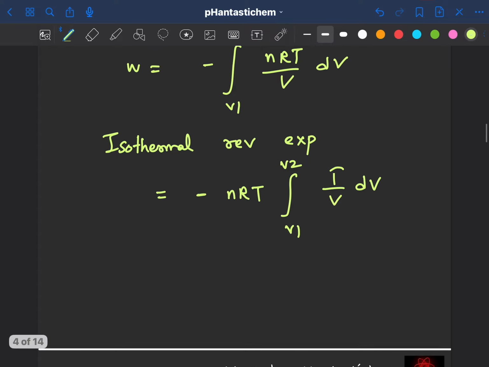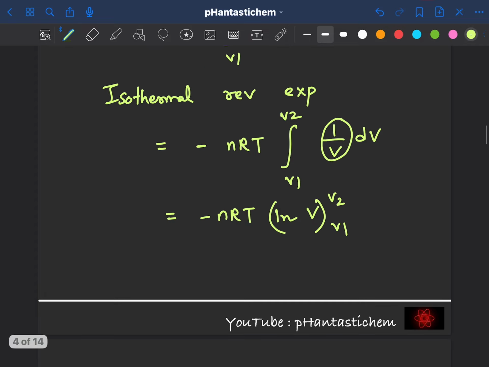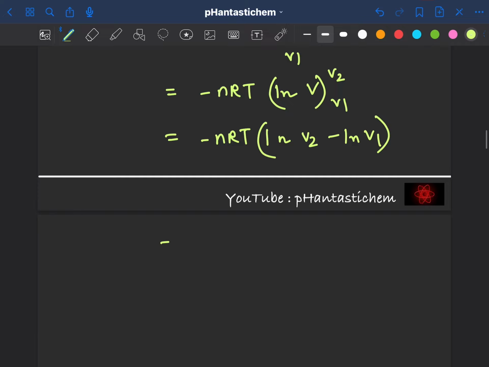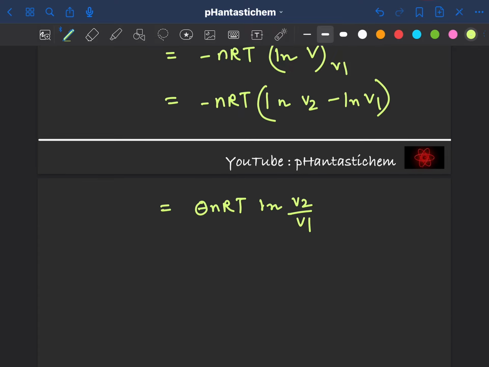The integration of 1 by V is ln V, so this is minus nRT ln V from V1 to V2, which can be written as minus nRT (ln V2 minus ln V1), and which ultimately can be written as minus nRT ln of V2 by V1, because we know that ln A minus ln B is equal to ln of A by B, right? To remove the negative sign, we can also write it as nRT ln of V1 by V2, okay?